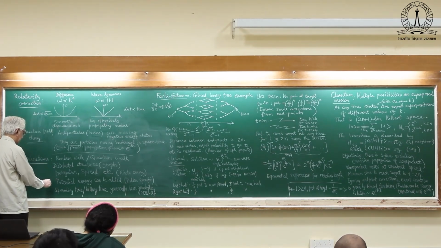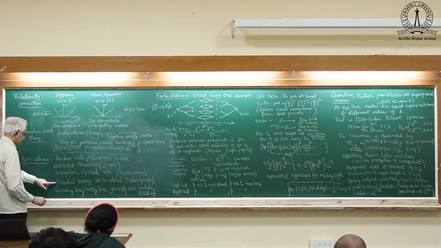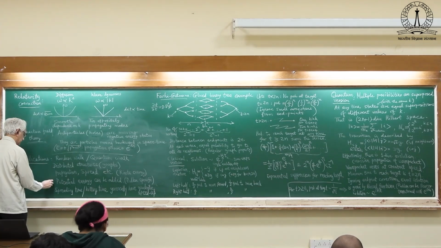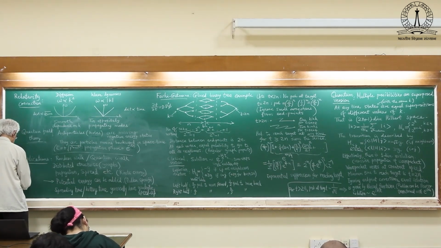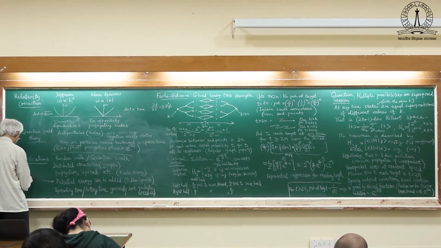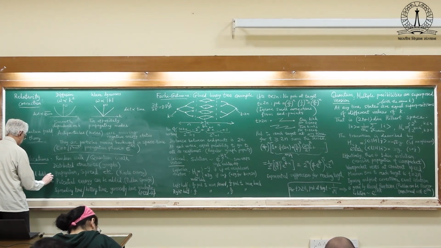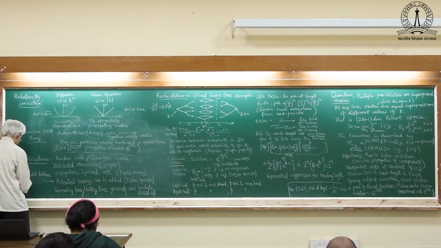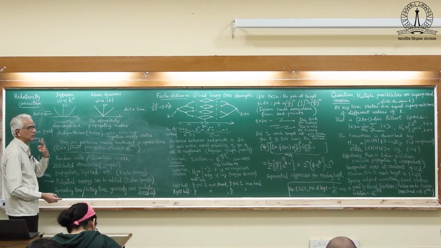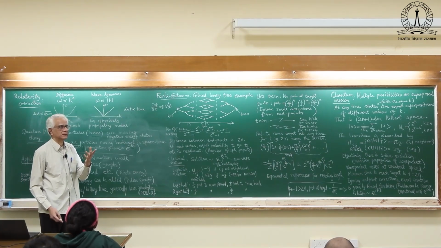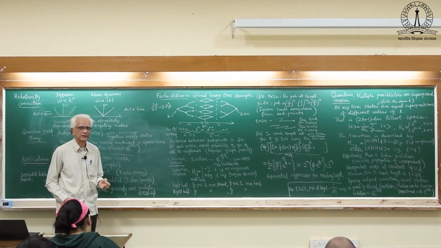So it will have this structure. And remember, Grover's algorithm had two operators. They were both reflection operators.